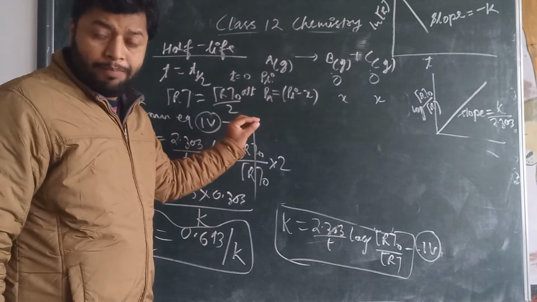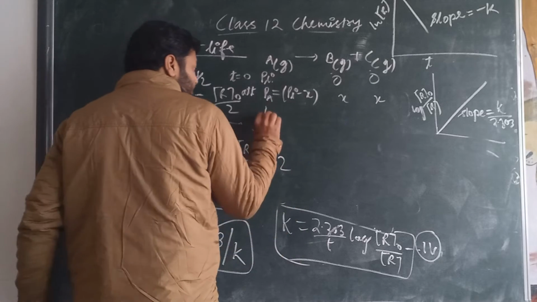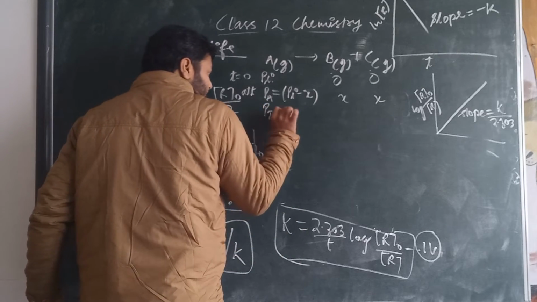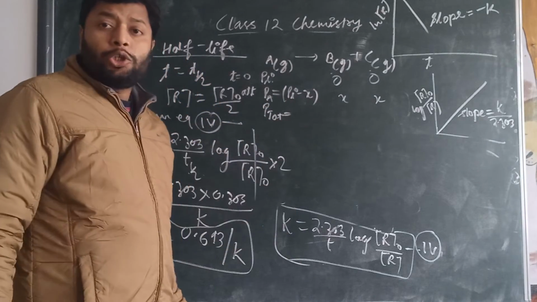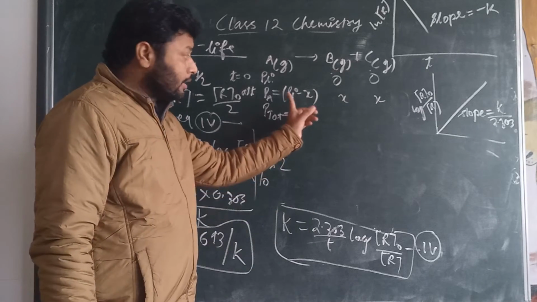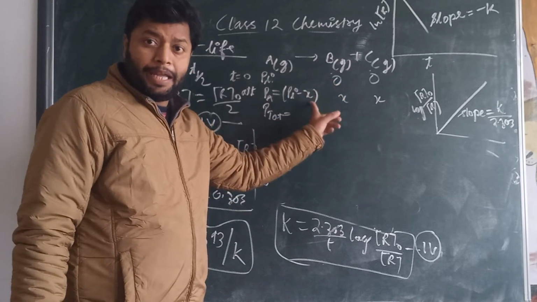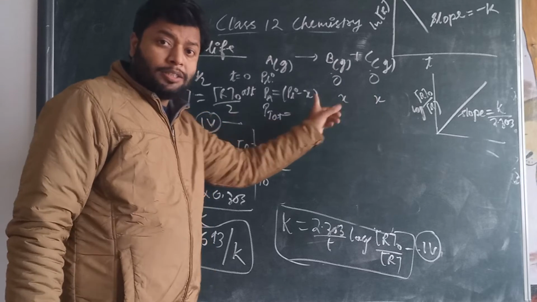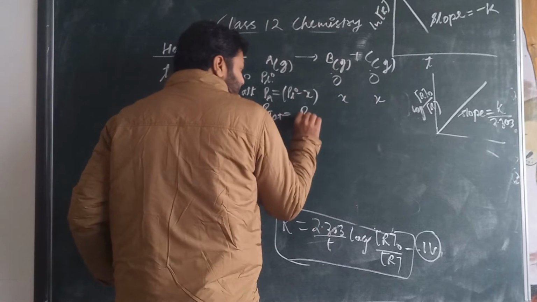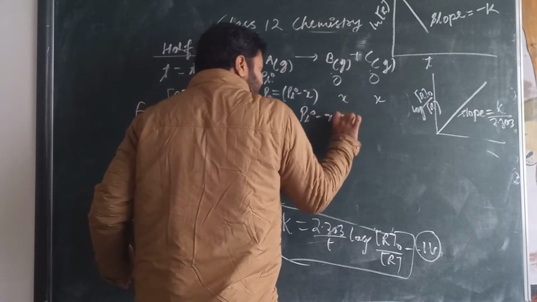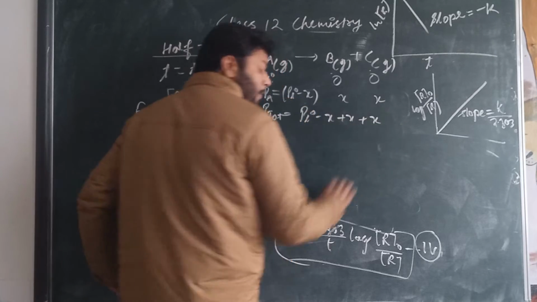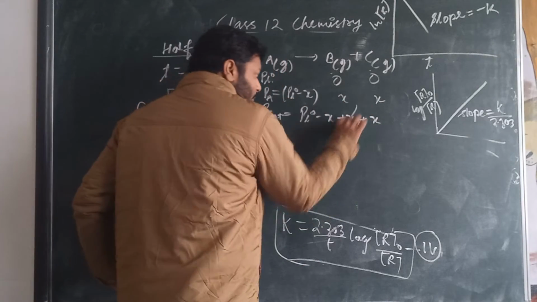At time T, the total pressure must be equal to the sum of the partial pressures of A, B and C. On summing up, we get Pi minus X and plus X, and it will cancel out.